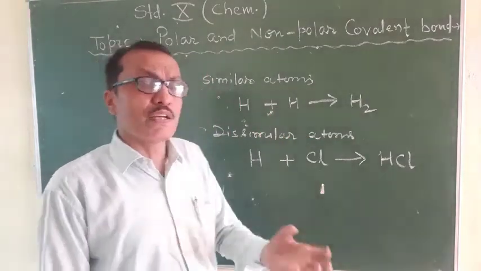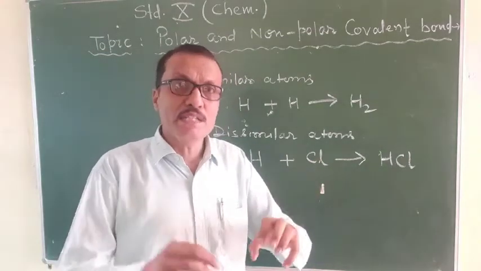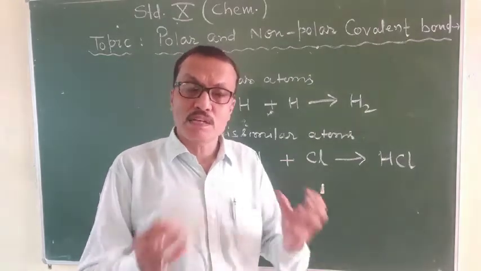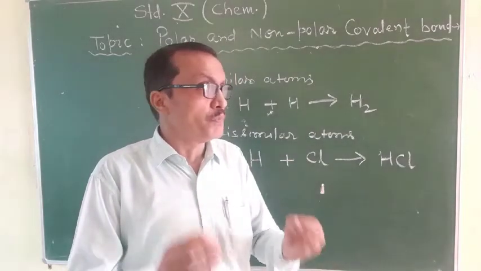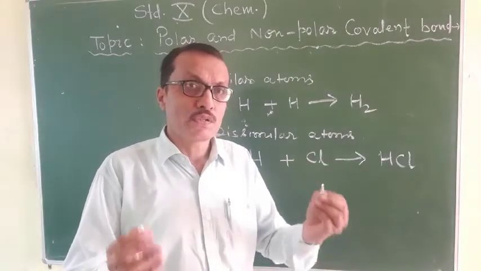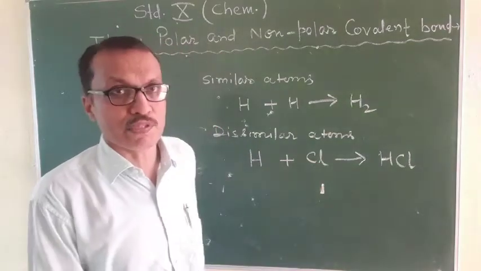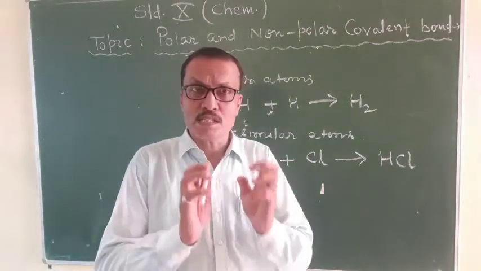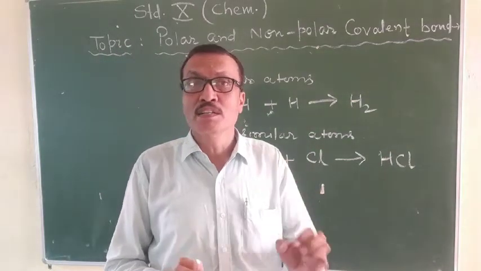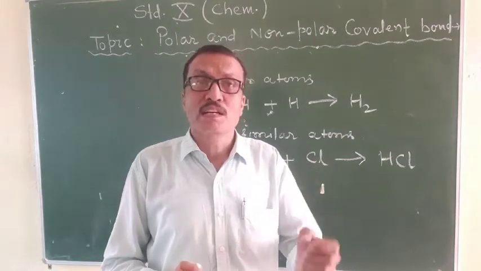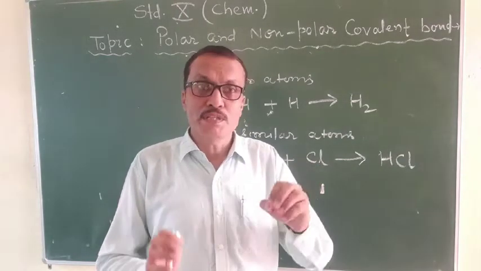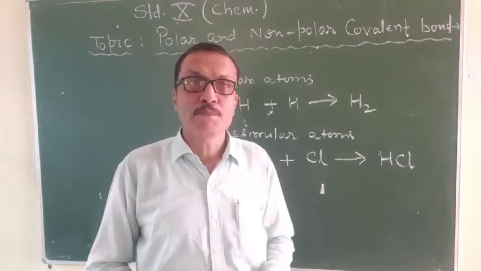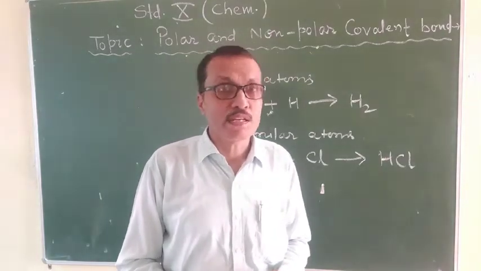So students, a covalent bond can be between two or more similar atoms and can be between two or more dissimilar atoms. These two conditions you have to keep in your mind.